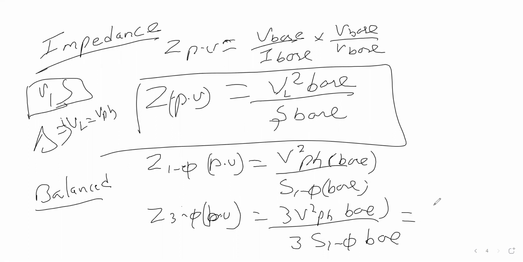Which we could also write as 3V square VPH base by S 3 phase. Okay, this is 3 single phase and we have converted into single 3 phase base. Now we'll see this concept in the star and delta part.